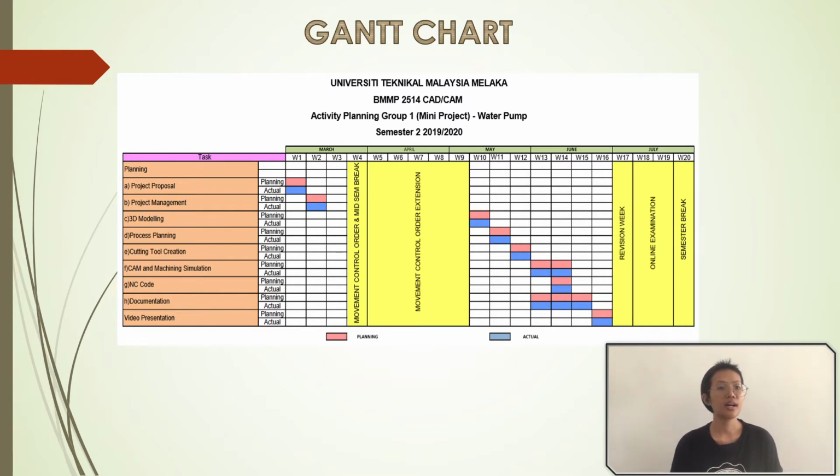We were given about 16 weeks to finish it, plus or minus the movement control order, about 13 weeks or less than that. So we actually managed to make this project happen and finish in time, just as shown in the Gantt chart. Okay, so that's all. Thank you.